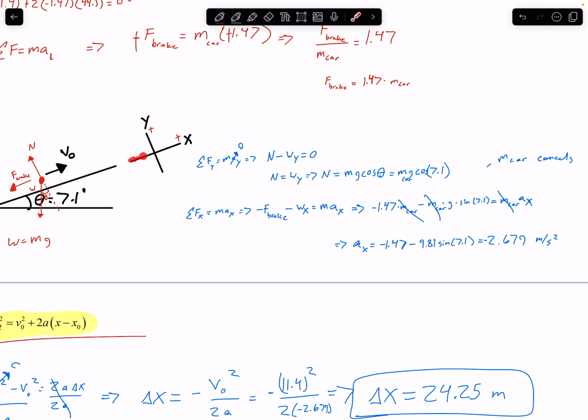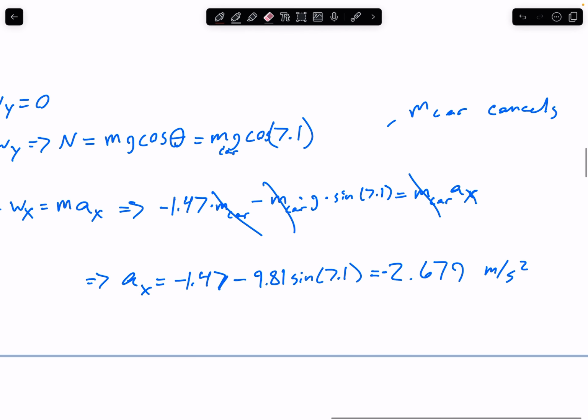Then in our x direction, which is where we're finding our distance traveled, the sum of forces in the x direction is equal to the mass times the acceleration in the x direction. And we are looking for the acceleration here. That's our big component. So we have the force of the brake minus the weight in the x direction is equal to the mass times the acceleration in the x direction. We know the force of the brake is equal to negative 1.47 times the mass of the car.